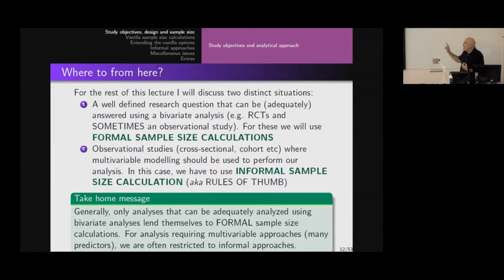That generally only analyses that can be adequately analysed. I can run a t-test on anything. That doesn't mean it's right to run a t-test on anything. Okay, so analyses adequately analysed using a bivariate analysis lend themselves to formal sample size calculation. For analyses requiring multivariable modelling, okay, so large observational studies without specific study effects, we should really use informal approaches.